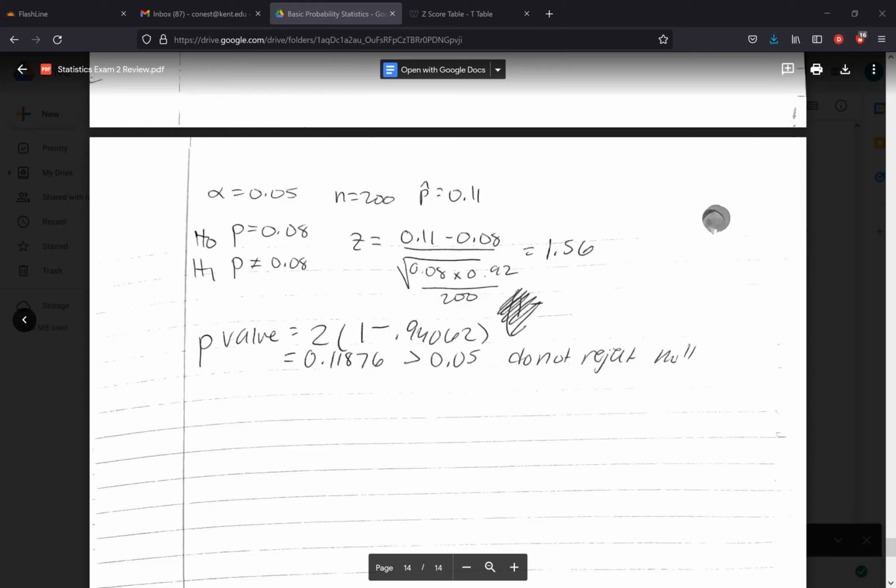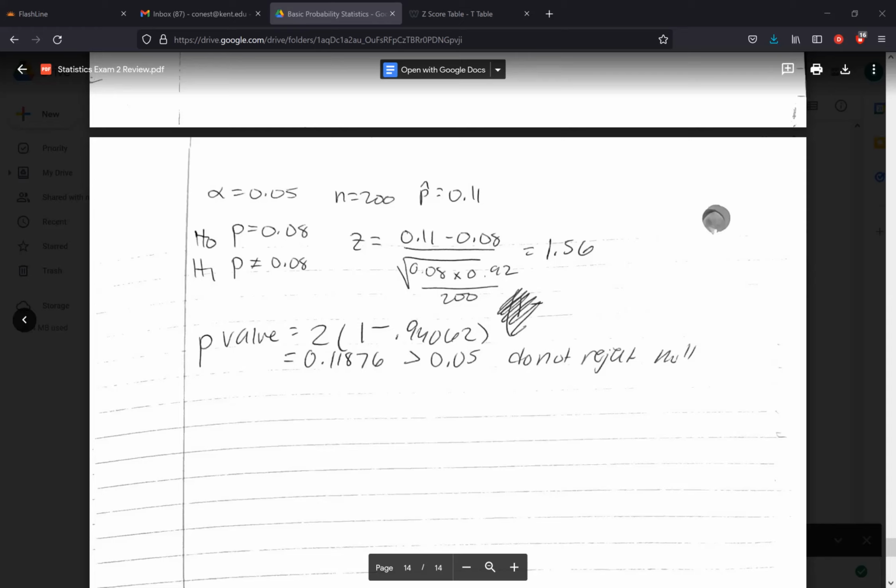So this gives us a level of significance, alpha, of 0.05. We were given a sample size of 200 and a p-hat of 0.11. So our hypotheses were that the population proportion is 0.08, and the alternative is that the population proportion is not 0.08.